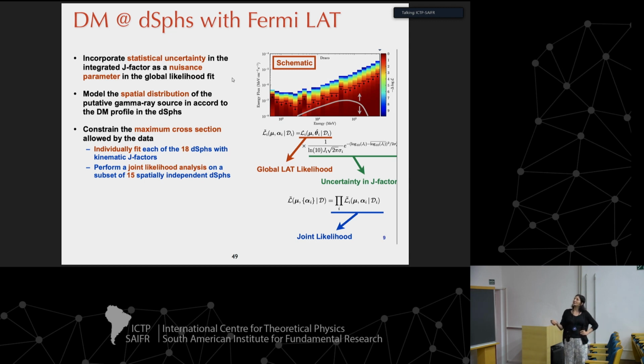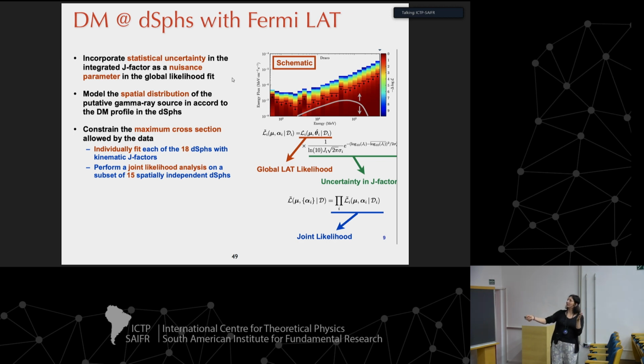Here, the likelihood is fancy because the likelihood for a single dwarf incorporates the uncertainty on the J factor of that dwarf, and then you combine the likelihoods from more dwarfs to make a joint likelihood and set the dark matter limit.